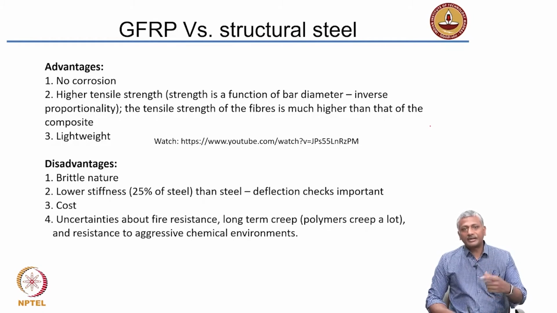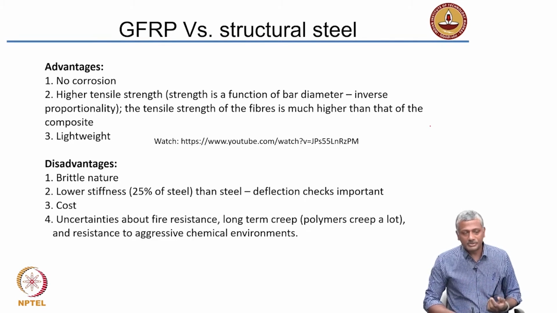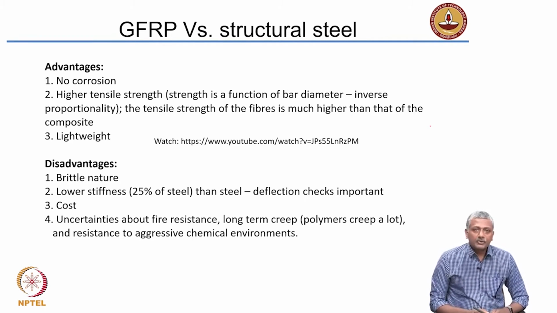Now, I will touch upon that again, because corrosion can have a different meaning when you are talking about polymers. Again, glass fiber reinforced plastics can be made into very high tensile strength materials. The glass fibers themselves are extremely strong, and the tensile strength of the fibers is generally much higher than that of the composite.